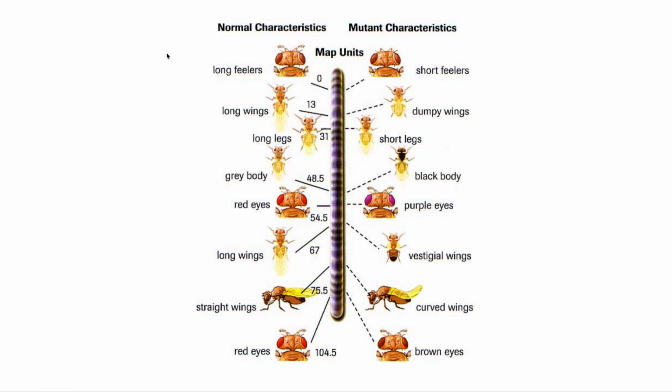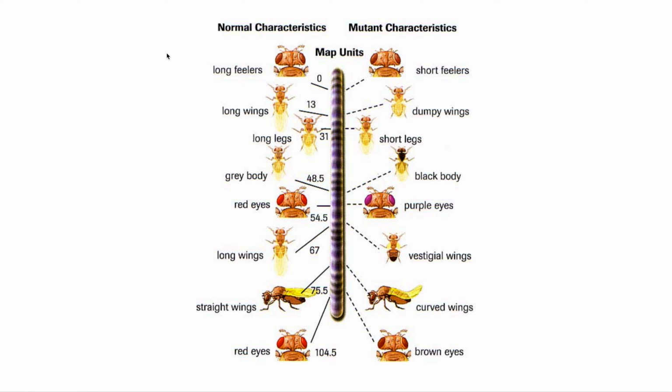Now you'll also notice something really interesting about this map. At one end we have the long feeler short feeler at 0, and at the other end we have red eye brown eye at 104.5%. You can't have 104.5%. It's not possible. You can max out at 100%.